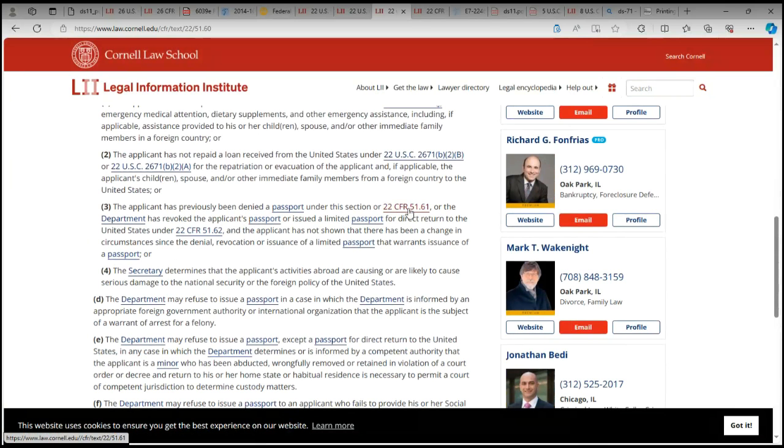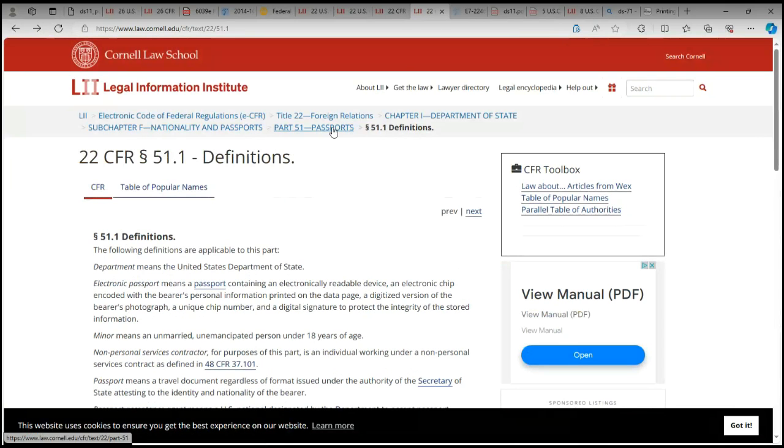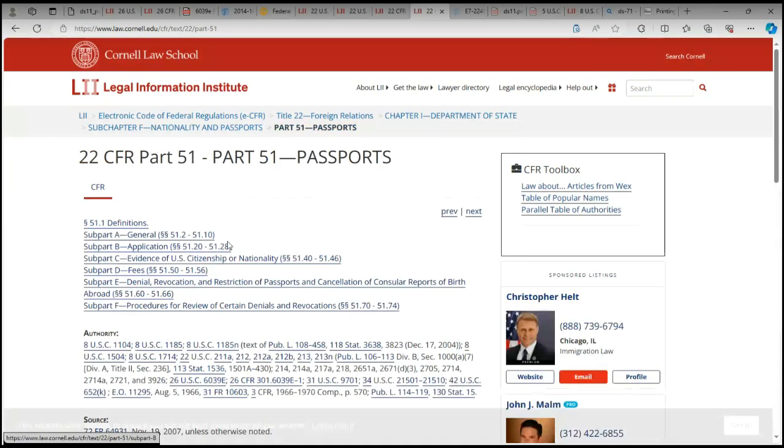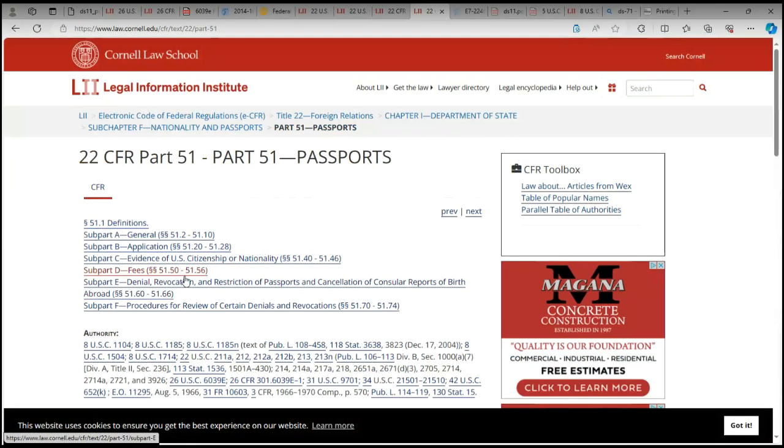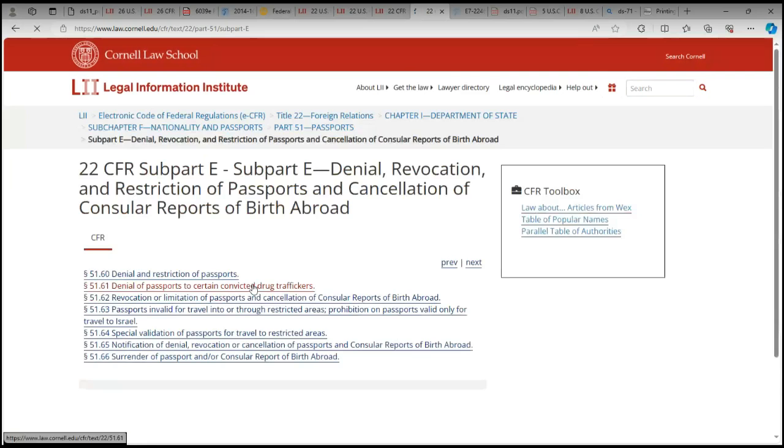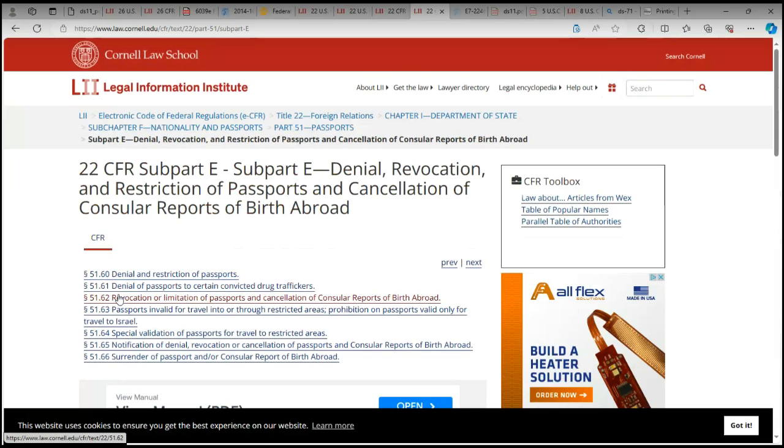So let's go look up what 5161 is. For denial of passports to certain drug convicted traffickers.